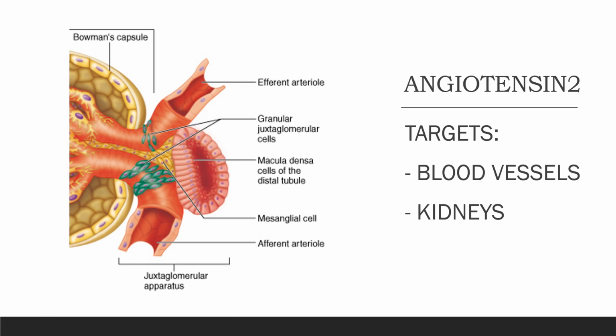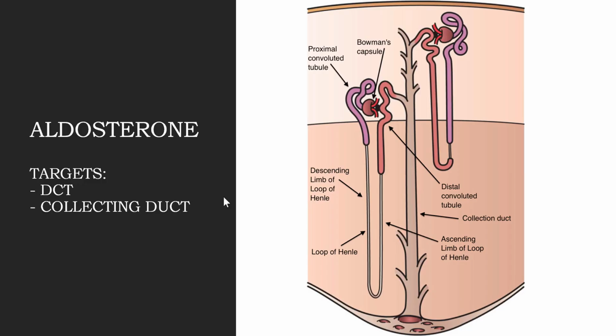Now, aldosterone targets two areas. He targets the distal convoluted tubule, okay, and then also the collecting duct. The reason that aldosterone is targeting these two areas is because the goal here is to increase sodium reabsorption.